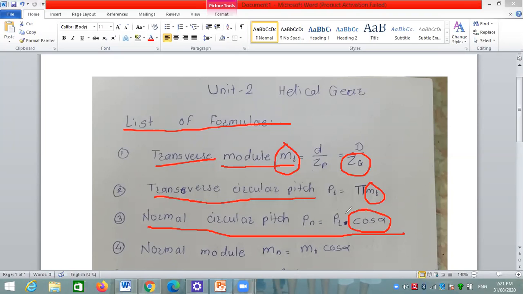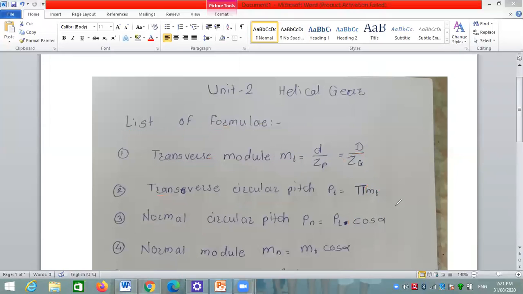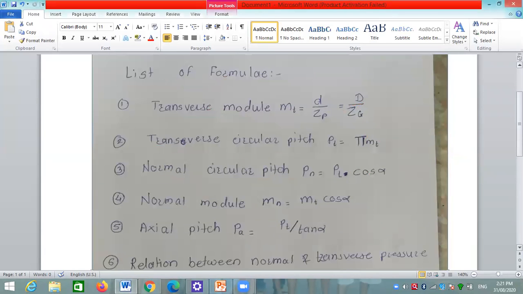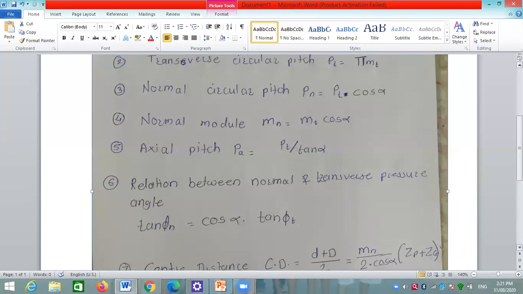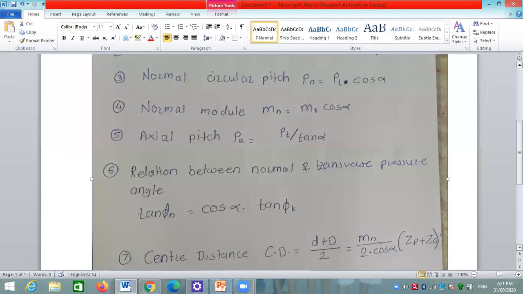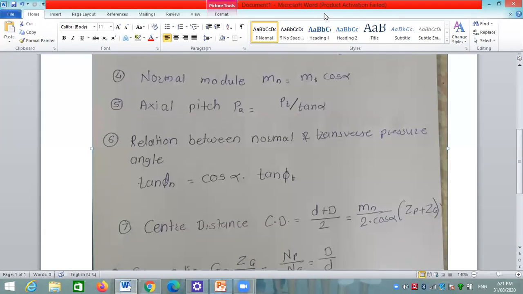Okay, this is the formula. Then the next formula is the normal module. Normal module Mn is equal to Mt into cos of alpha.